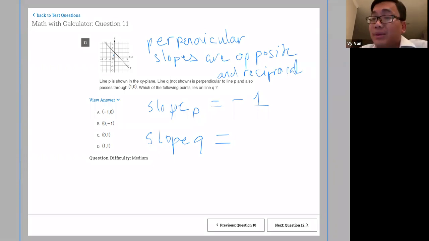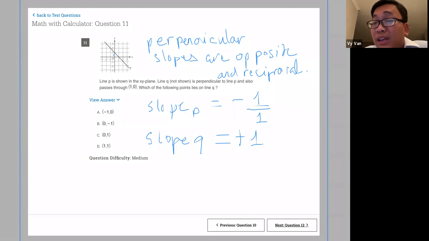So what does that mean? Here the slope is -1. The slopes of perpendicular lines have to be opposites, so this is negative, it has to be positive. Reciprocal means you flip it over. This is 1, so it's still 1. So the slope of Q is 1.